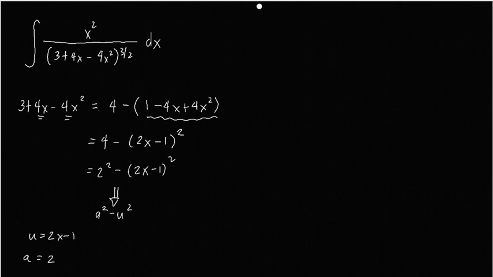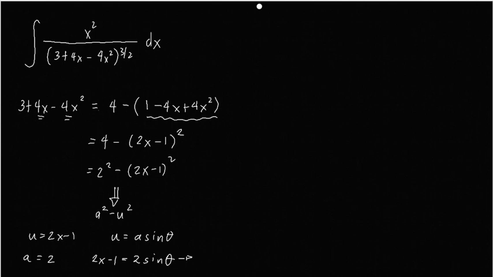So what happens after that? If u is equal to 2x minus 1, then what did we say? We will let u equal a sine of theta. So that 2x minus 1 is equal to 2 sine of theta.